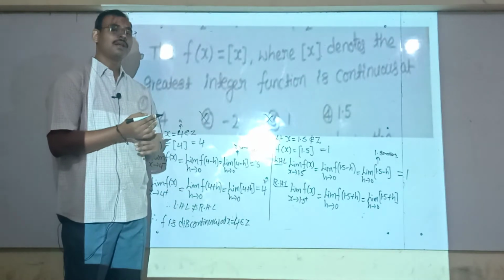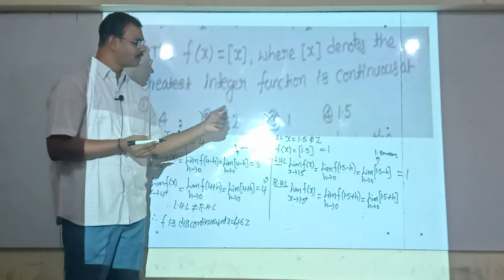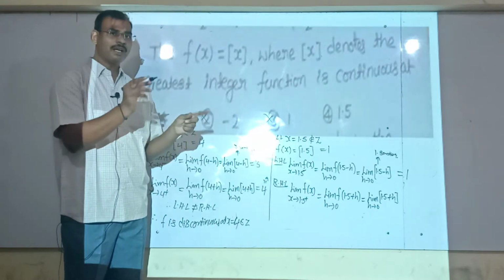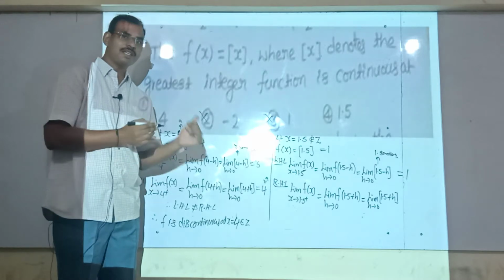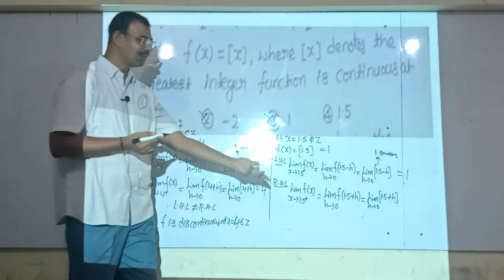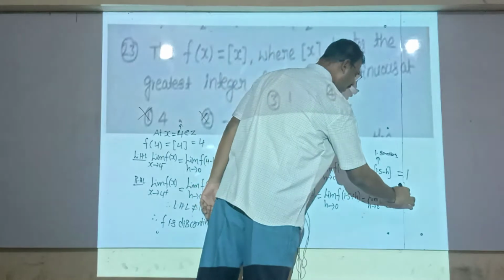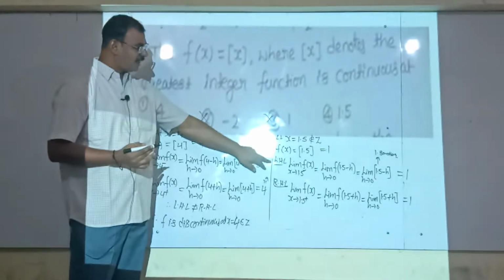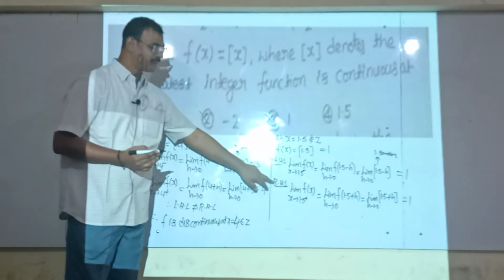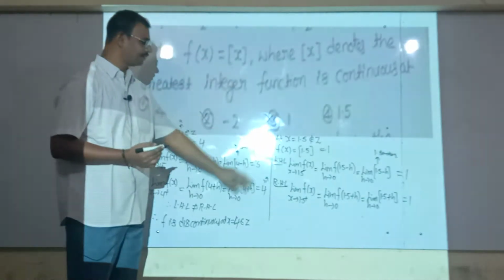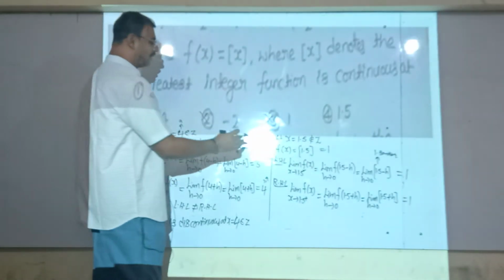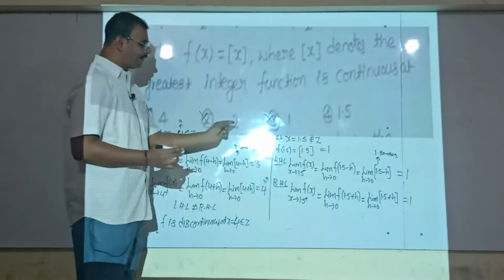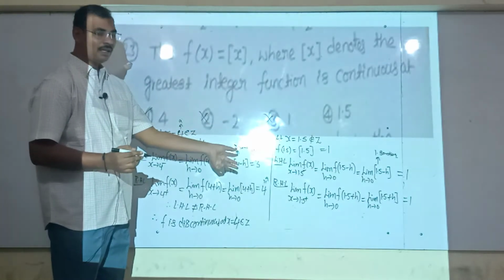If h is 0.1, it is 1.6, which lies between 1 and 2. The greatest integer of 1.5 plus h will also be 1. Now you observe that the left hand limit exists, the right hand limit exists, and f of a, that is f of 1.5, also exists. All will be equal.